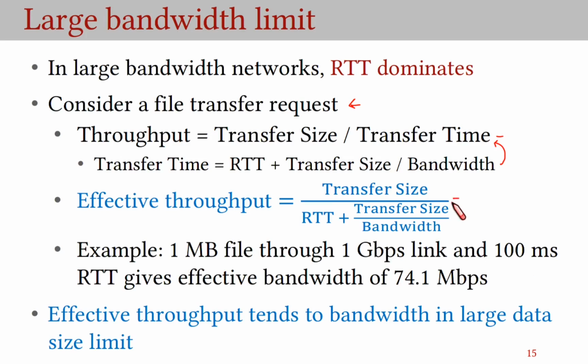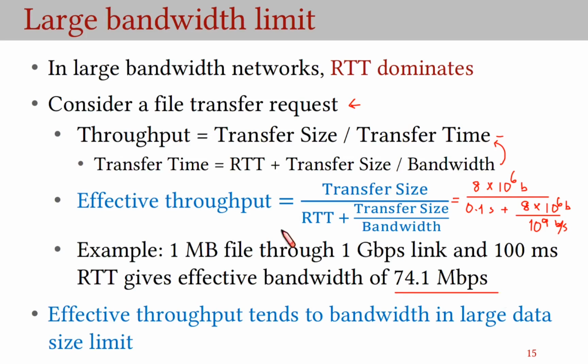So putting these numbers here, this is equal to 8 times 10 to the power 6 divided by round-trip time, which is 0.1 second, plus again 8 times 10 to the power 6 divided by 10 to the power 9. This is bits per second, and this gives us 74.1 megabit per second.